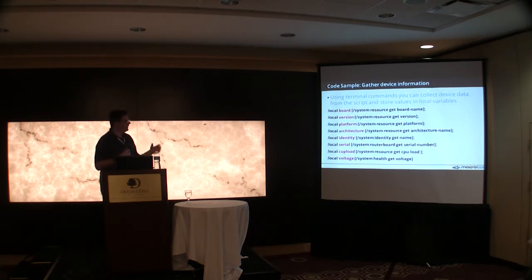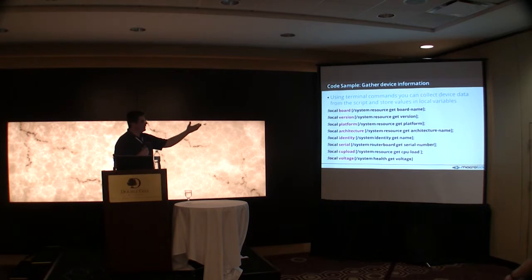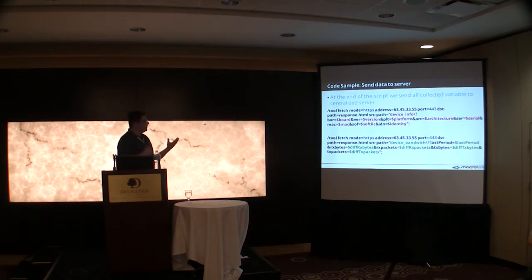So when you look at what we are submitting, besides the WAN interfaces, we also need the statistics of the device. So we're taking the board, version, platform, and there are different commands that actually allow you to retrieve this data, store it in local variables, and then we use the previously introduced fetch command.